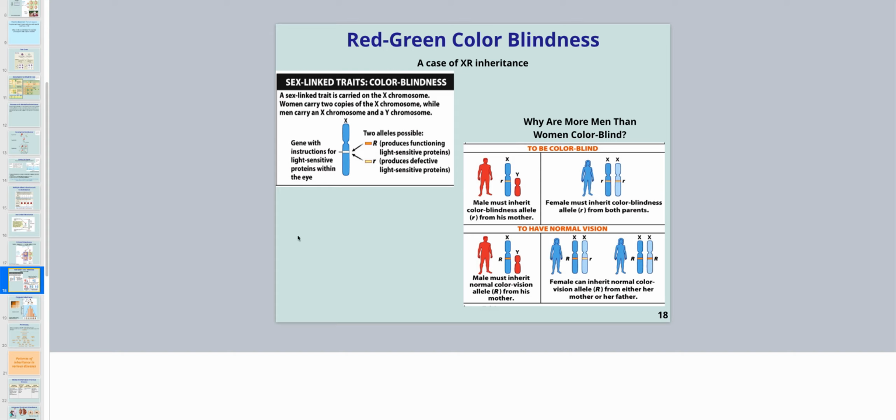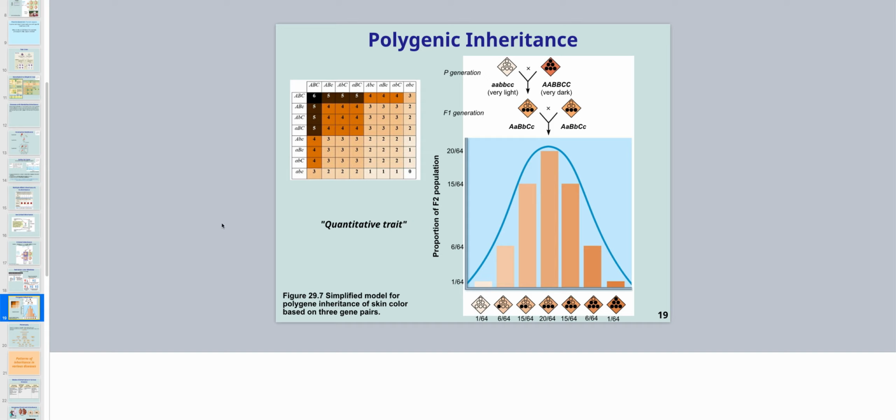This slide goes over that concept. Please go over this on your own and let me know if you have questions. Now, polygenic inheritance. Polygenic inheritance is a condition where multiple genes contribute to a specific trait. The example shown here is skin color.